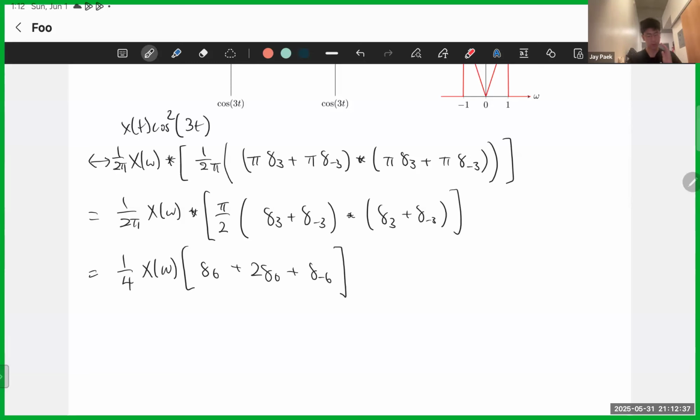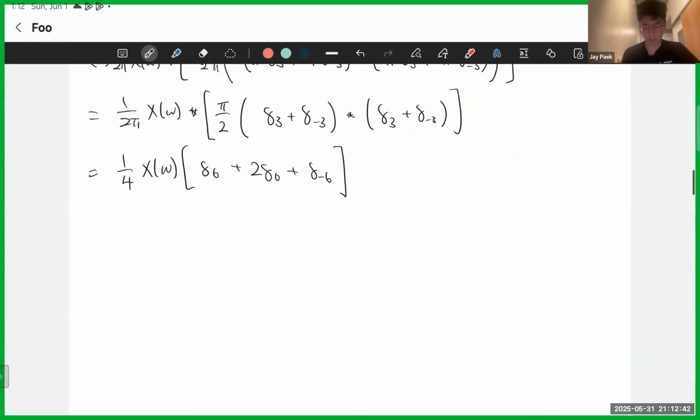It's extremely easy to work with this stuff. Remember, this is basically like polynomials where I'm doing x to 3 plus x to -3, and multiplying it by x to 3 plus x to -3. If I multiply polynomials, I just combine the coefficients. I get x to 6, I get 2 at x to 0 because I combine these two with the FOIL, and I get 1 for the last one.